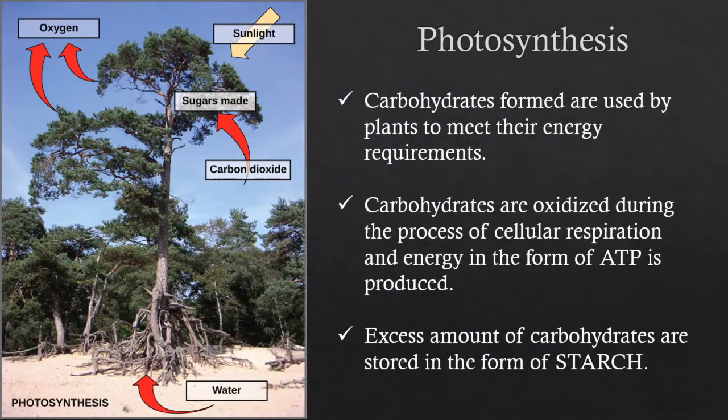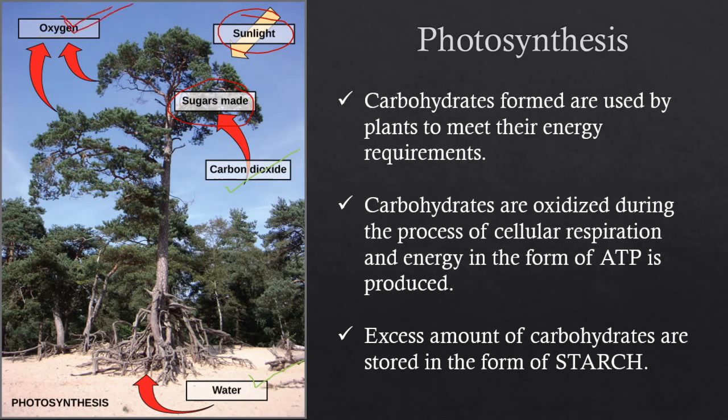As you can see in this picture, the plant is going to take in water from the soil, carbon dioxide from the atmosphere, and then use the sun and light energy and convert the CO2 and water into sugars, and in the process it is going to release oxygen.